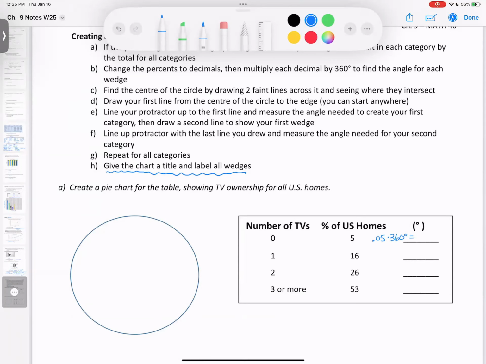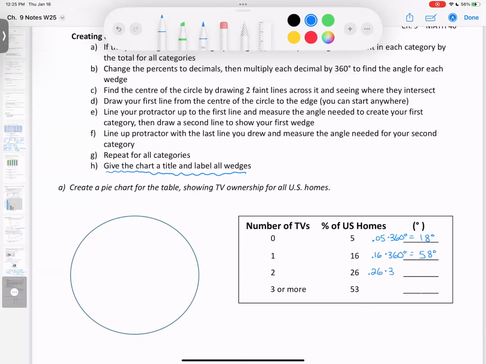And what does that give us? 18. So in other words, our first wedge there is going to be 18 degrees big. Okay, and then we can do the same thing down the table. So 0.16 times 360 gives us, let's round to the nearest degree, so 58 degrees, and so on.